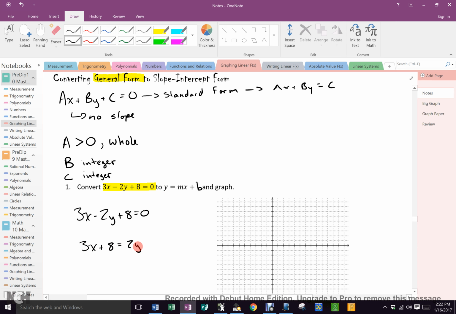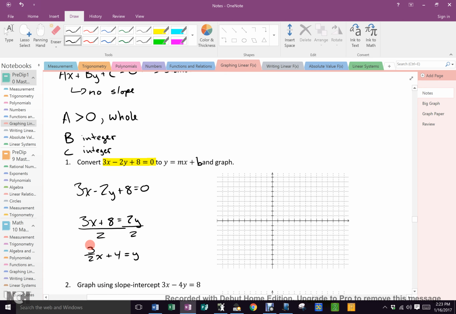Now what would I do? Divide by 2. What would I divide by 2, Alma? The y. And if I do something to the right side, what do I got to do to the left? Same thing. So I get 3 over 2x plus 4 equals y.